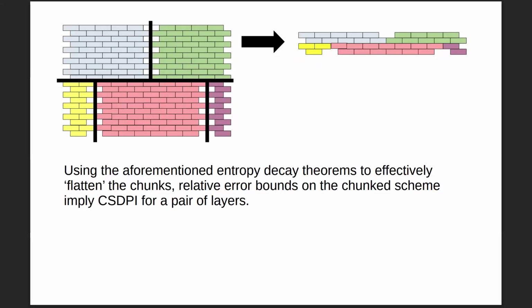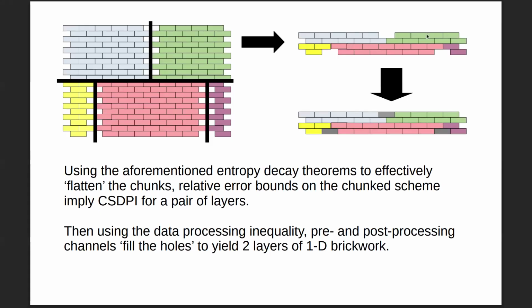So we can say, if this thing converges in relative error, which it does by the 224 results, then if we just take a pair of layers from each and compose them, that has to have CSDPI. And then by data processing, we're always allowed to prepend and append channels, and that doesn't break CSDPI.